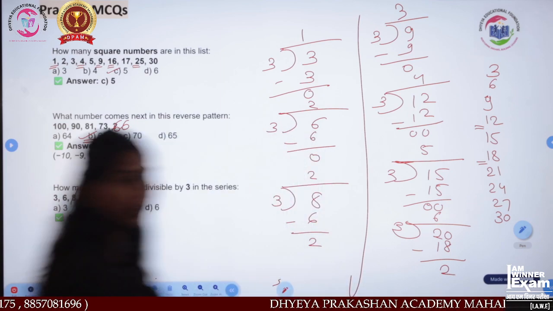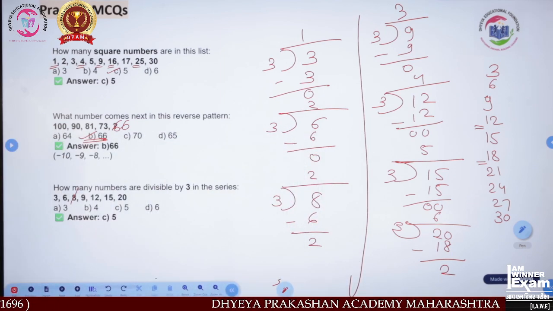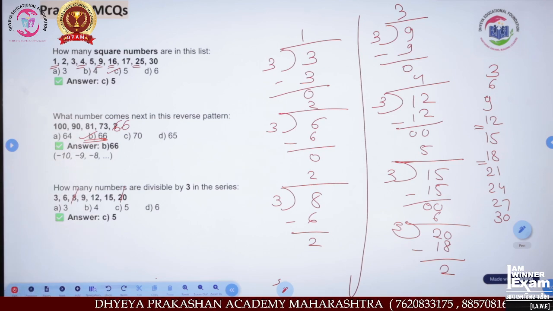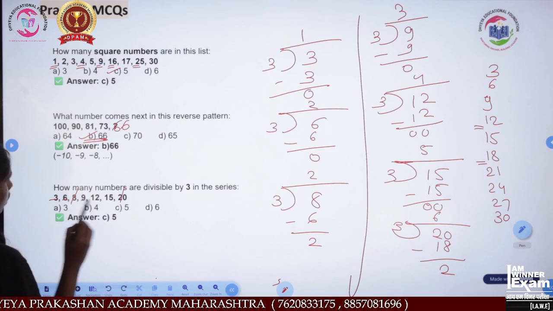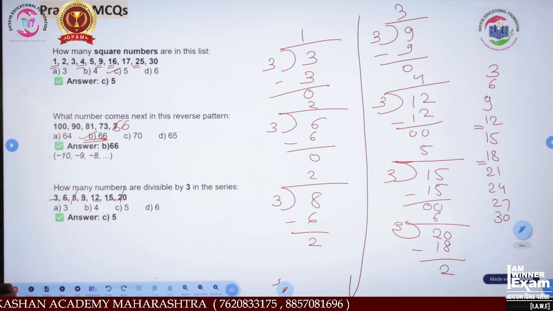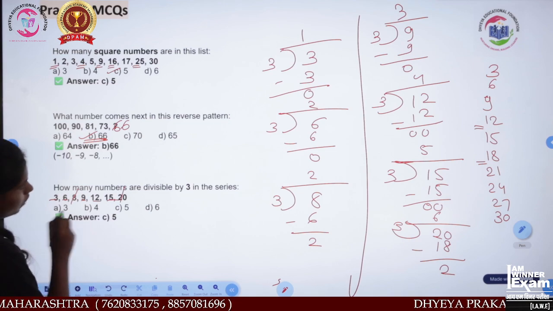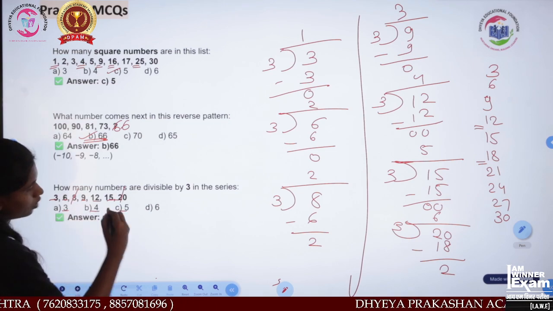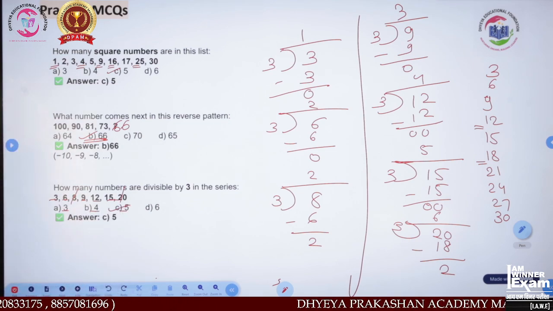So you can't divide 20 by 3. Now how many numbers are divisible by 3 in this series? 1, 2, 3, 4, 5. So there are a total of 5 numbers which get divided by 3. So where is the 5? This is 3, 4 and this is 5. So option C is the correct option.